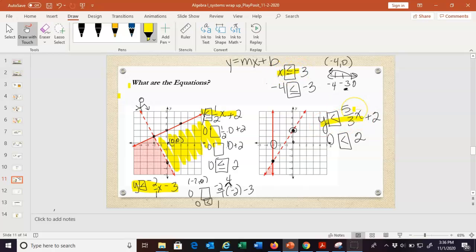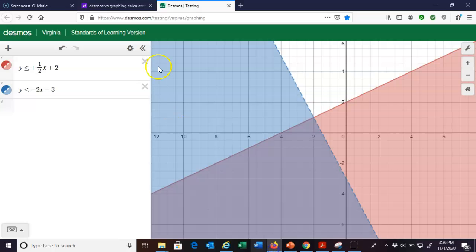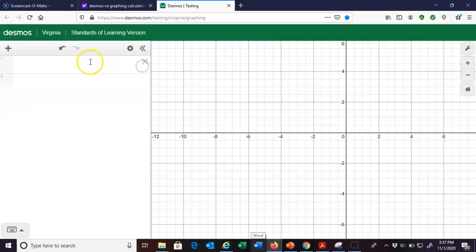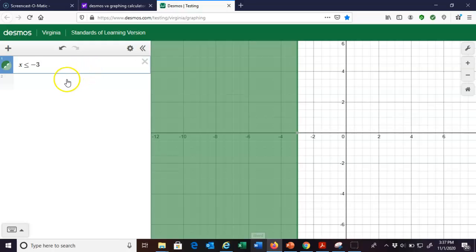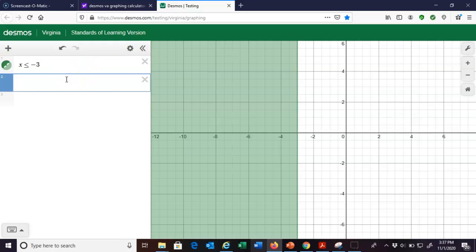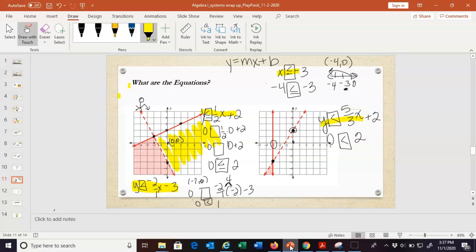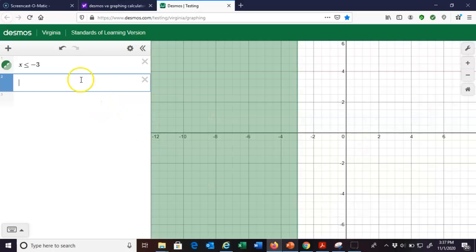Let's take it to Desmos and see if our work paid off. If it is true, it matches the diagram. All right, let's close these out. X is less than or equal to -3. Perfect. Yep. And then the second one, I wrote that one down.